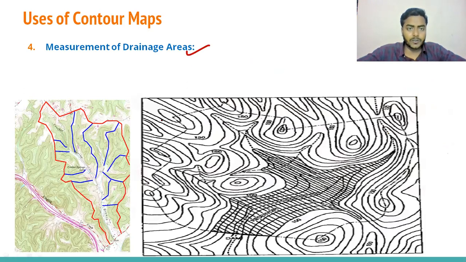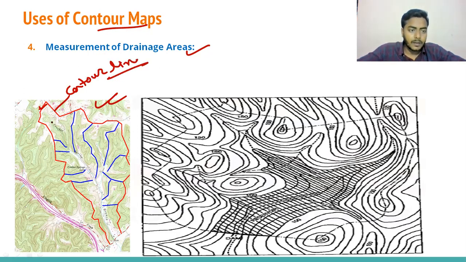Measurement of drainage area also, you can calculate the drainage area by using this contour map. You can see in the figure, for example, this red line, a red line which follows a contour line. It is not clearly visible, but you can see this side elevation is more.